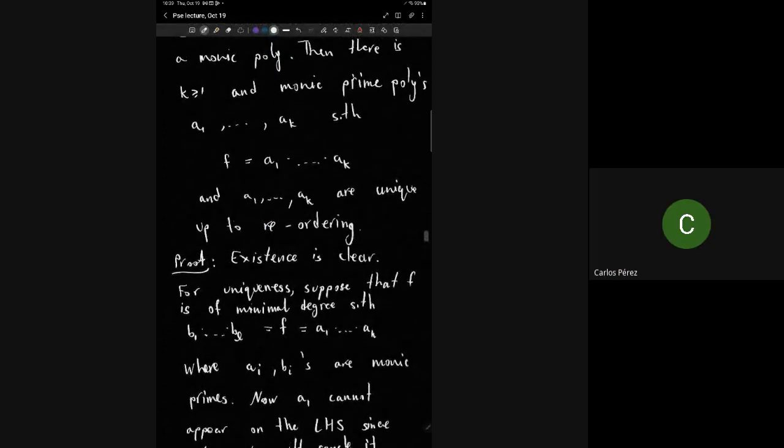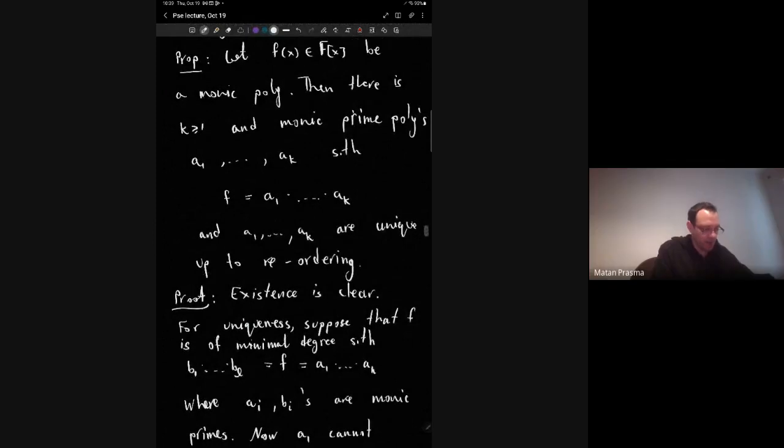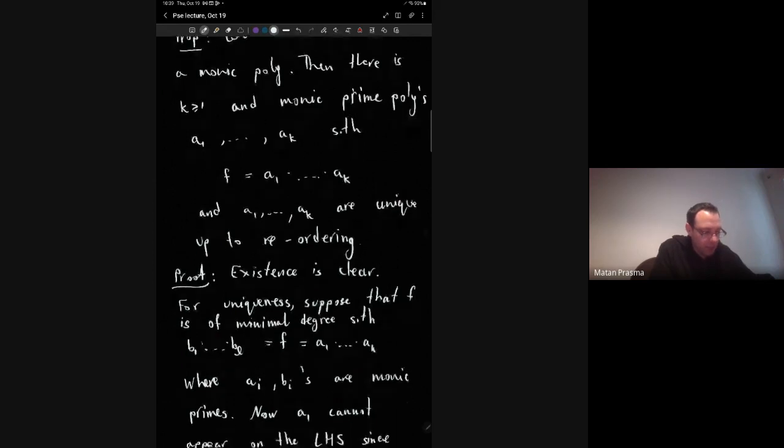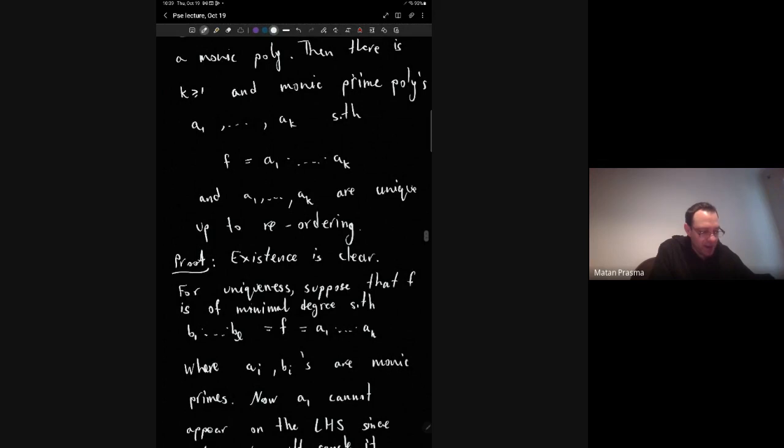Yeah, for me, maybe it would be useful. Okay. So, I want to prove that if I have a monic polynomial, I have a unique factorization up to reordering of this polynomial as a product of primes.